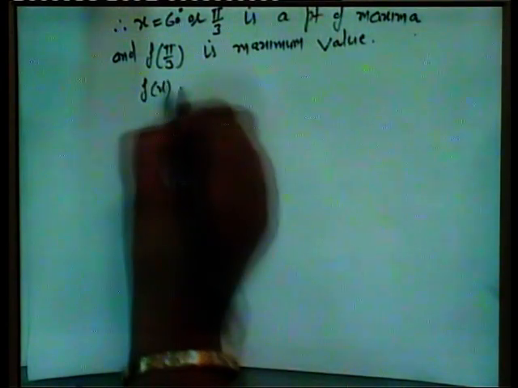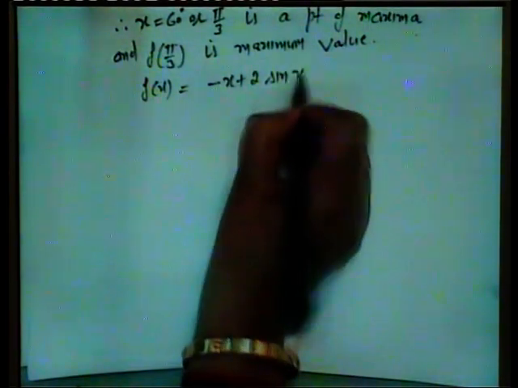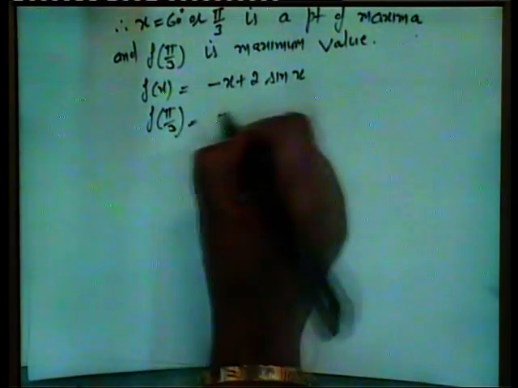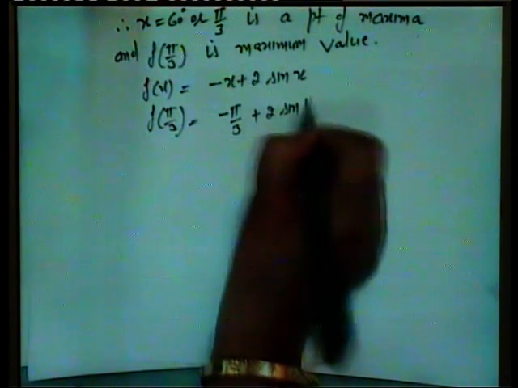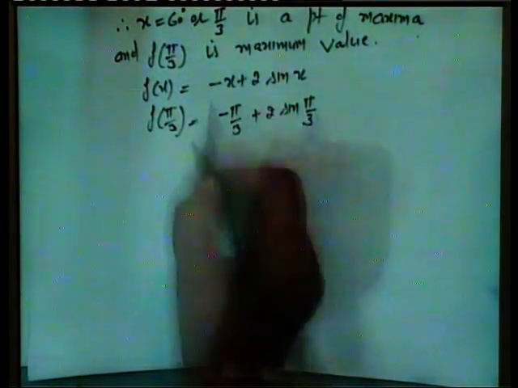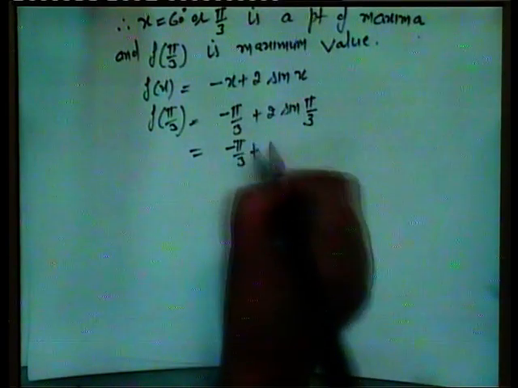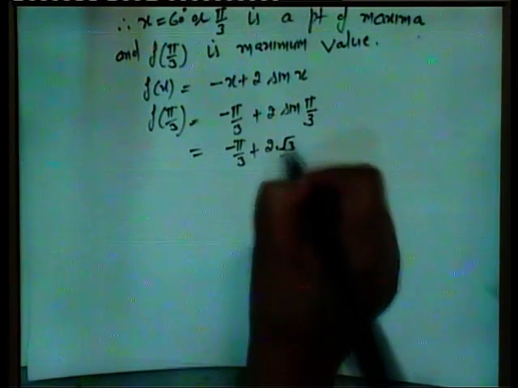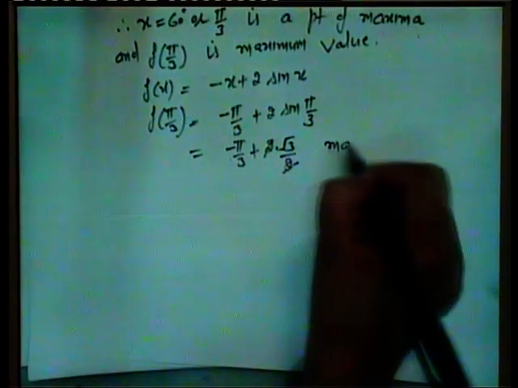f(x) is minus x plus 2 sin x, therefore f(pi/3) is minus pi by 3 plus 2 sin pi by 3. The value of sin pi by 3 is root 3 by 2, this is our maximum value.